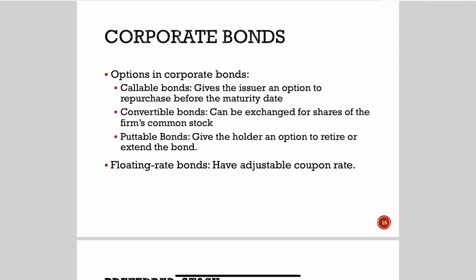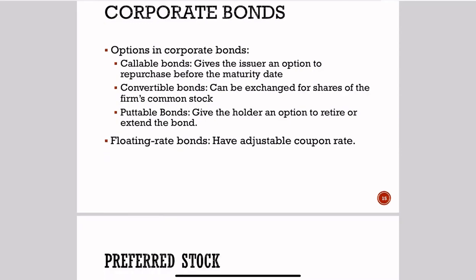And then there are also floating rate bonds. It basically means it has an adjustable coupon rate. You can imagine that possibly this firm could tie this corporate bond's coupon rate to a certain interest rate. So if this market interest rate changes, then this coupon rate could change.